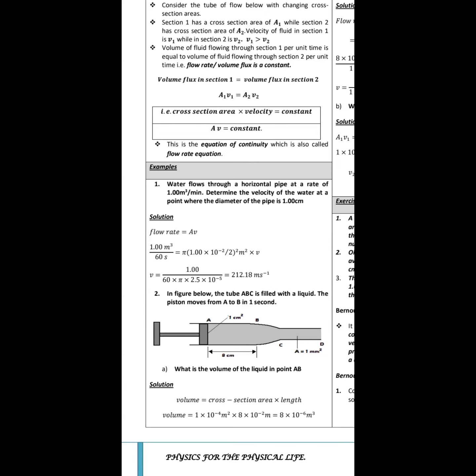The one who got power negative 6 has found the flow rate, 2.667 times 10 raised to power negative 6. That is the flow rate. But the question we asked is, what is the velocity of the liquid between A and B? So can you now equate V over T equals AV?